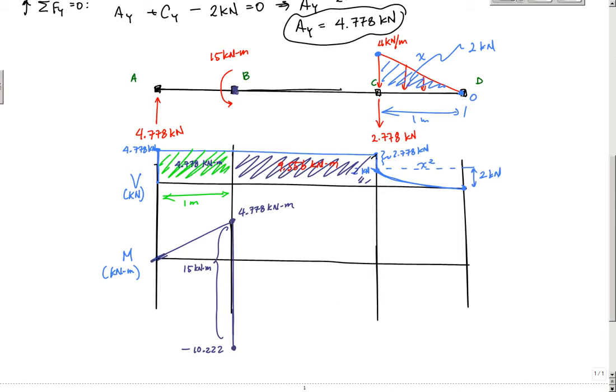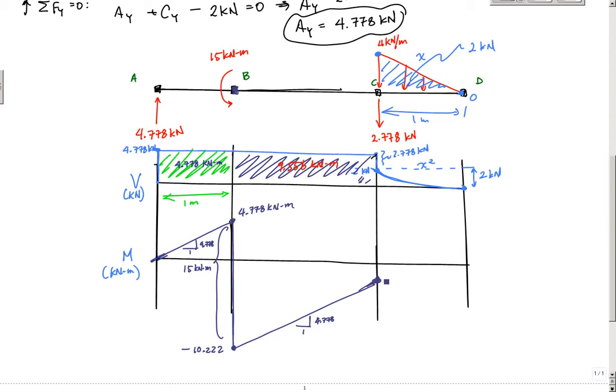That takes me to some point right here, and that is 0.667. And the slope of this line should be the same as the slope of that line because this is a constant shear. So this should be 4.778 versus 1. Same thing here, 4.778 versus 1. That would be my slope of the moment diagram.